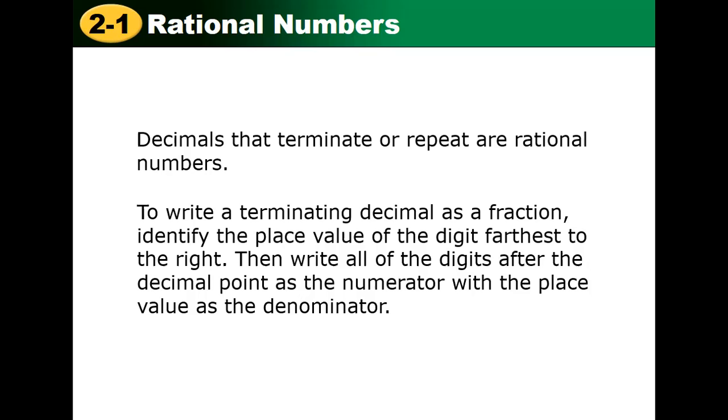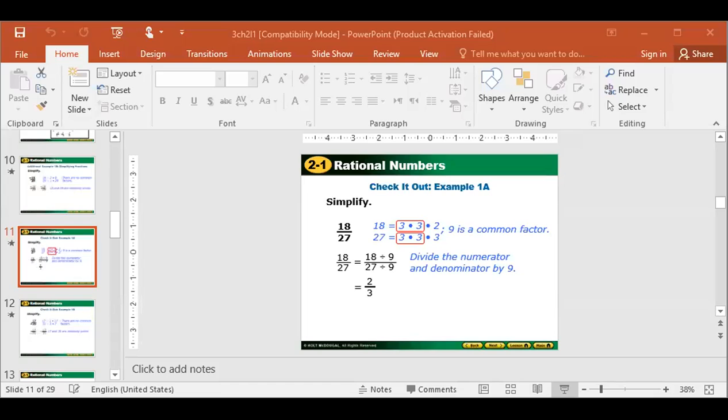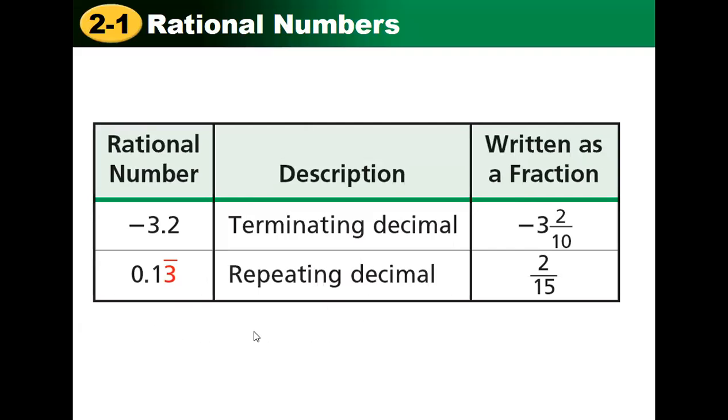Then write all the digits after the decimal point as the numerator. Write the place value as the denominator. Let me show you how. Then we are going to write the number in simplest form.